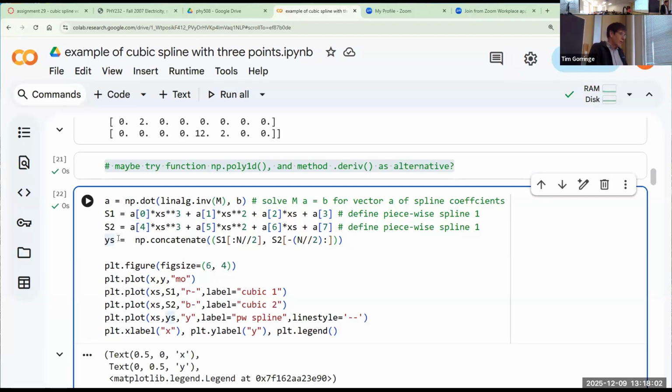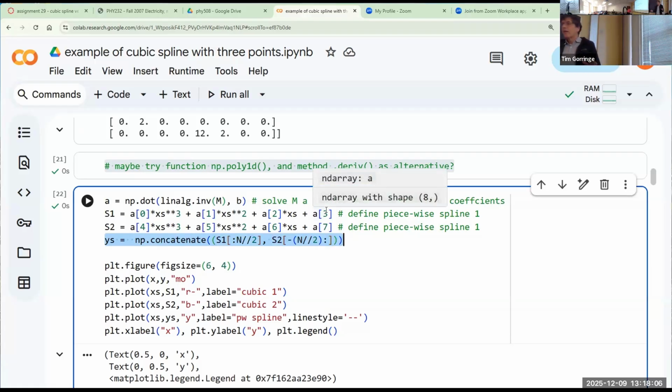I also joined together, so I dovetailed together these two cubics, the one on the left and the one on the right, to make the complete spline through my 3-point data set.